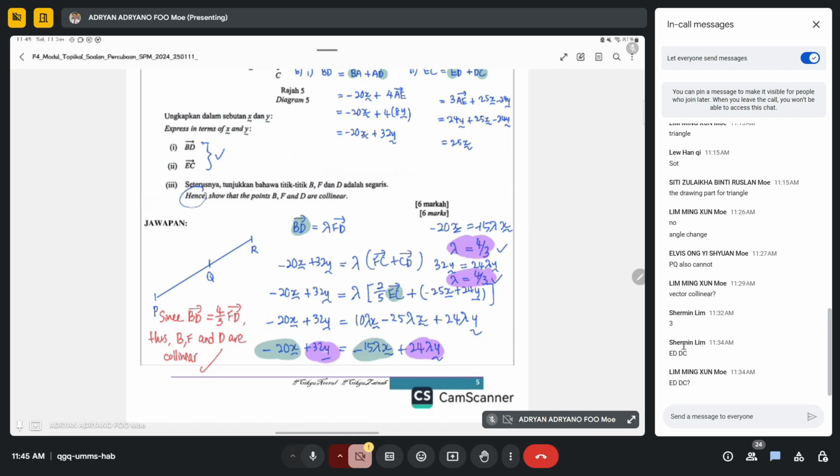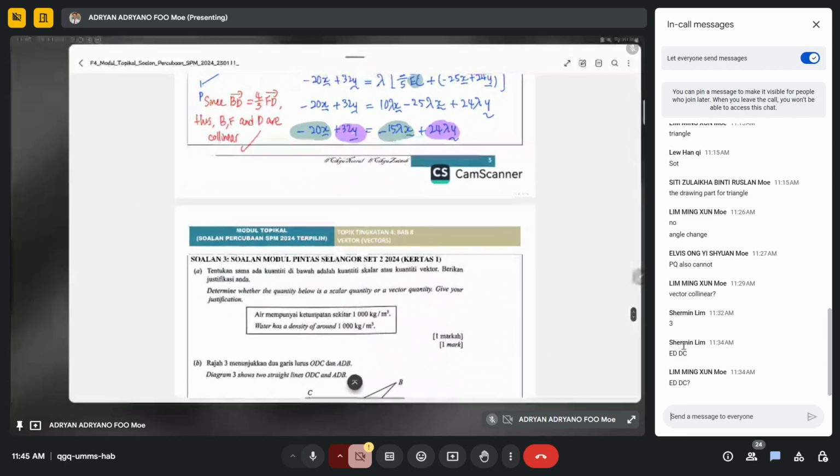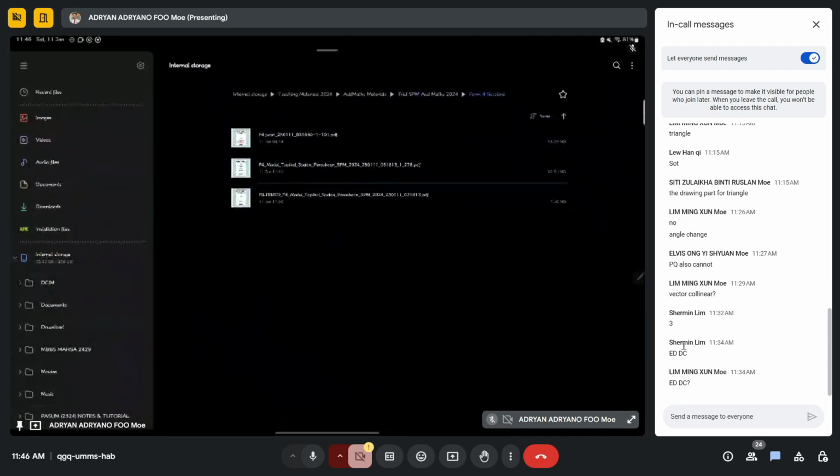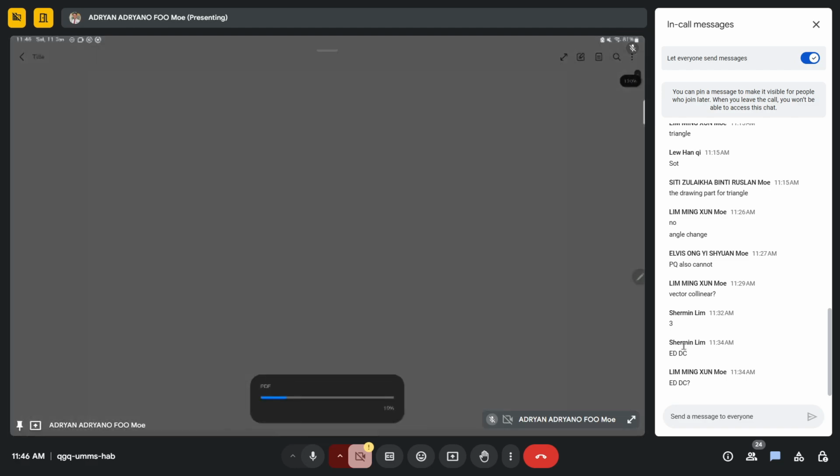You must know how to use the number line method. And then you also need to learn how to do alpha beta. For index, I just want to emphasize one small thing.